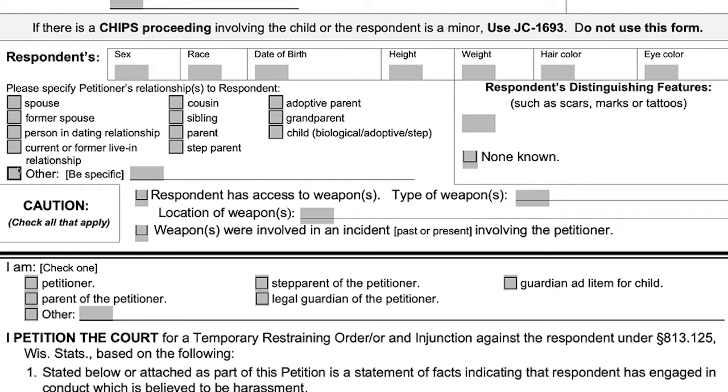So if none of these fit, you've got this little catch-all here, and you'll see this throughout the form, and it just says other. And if it were, for example, a former coworker, I would hit other, say former coworker, and then identify which place of business the two of you worked together, just to give the court a little more information on where this person even came from.